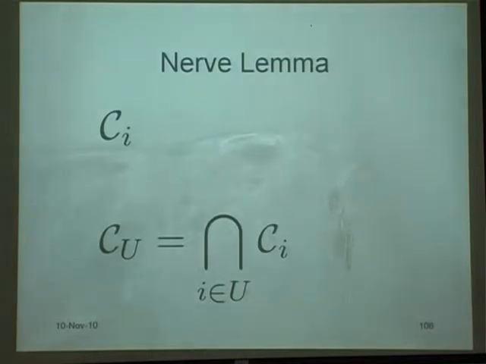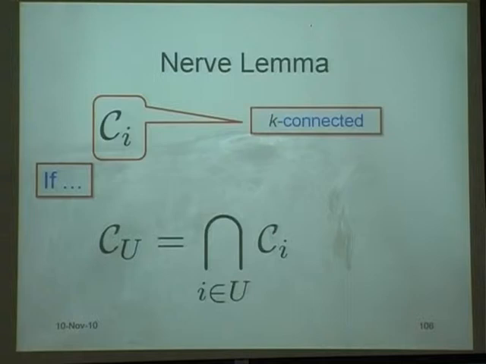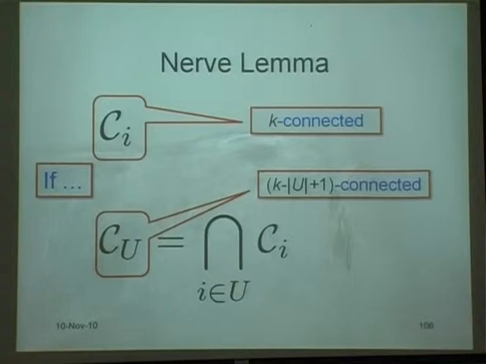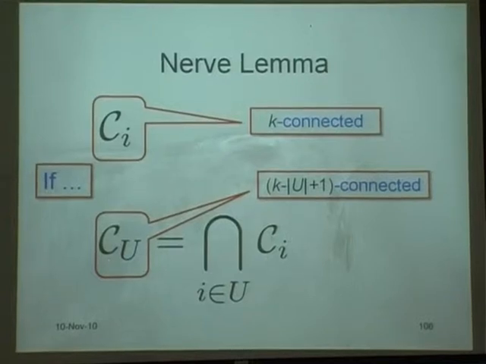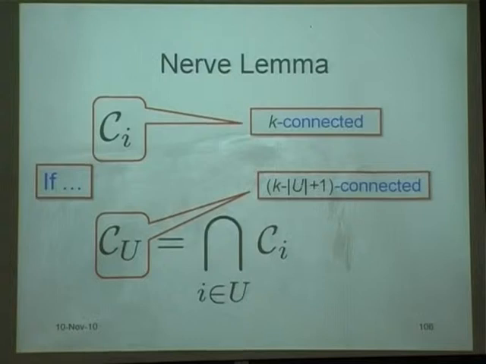So what does the nerve lemma say? The nerve lemma says that if I can show the following is true: if each of these component pieces is individually k-connected, if it has no holes in dimensions k or lower, and the simplex constructed by taking the intersection U is k minus size of U plus 1 connected.